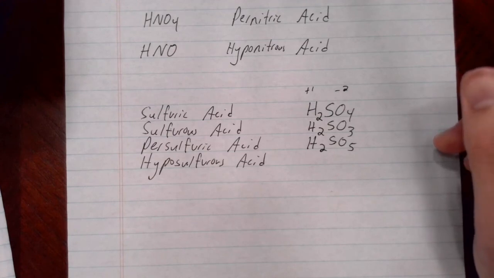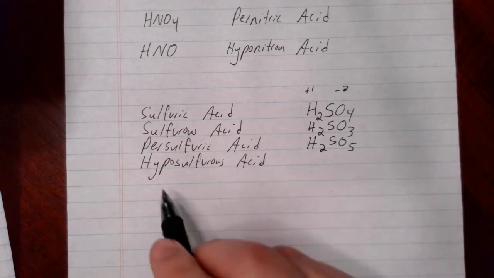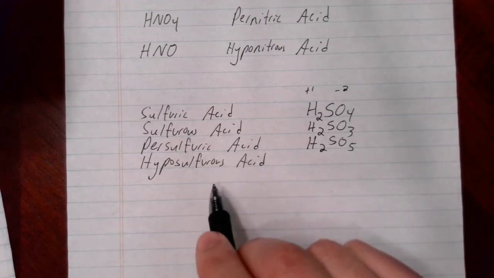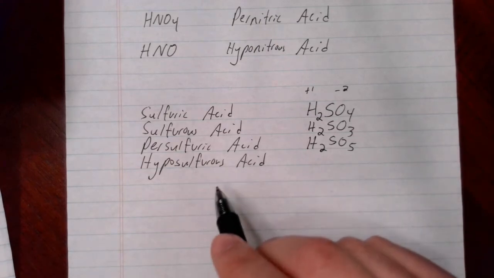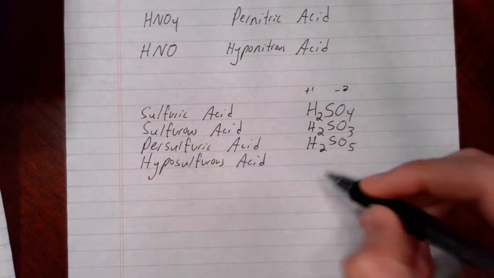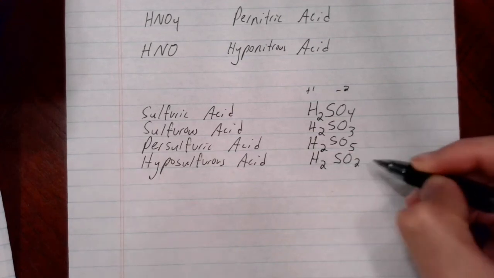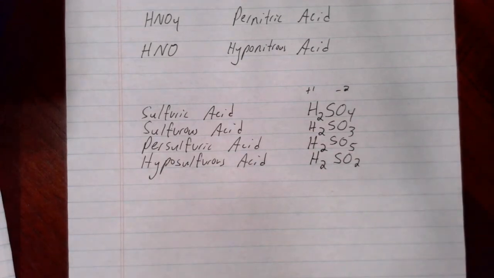It's easier to learn these examples in sets of 4 than individual examples. Then hyposulfurous acid I know is sulfate minus 2 oxygens, so I have H2SO2. That's how I name that little family of acids.